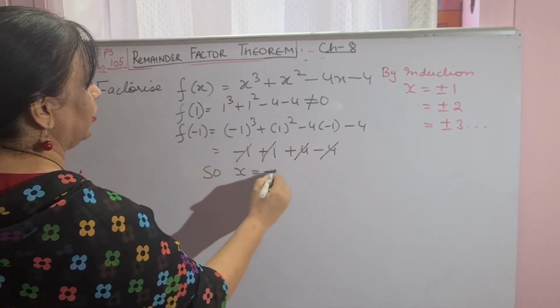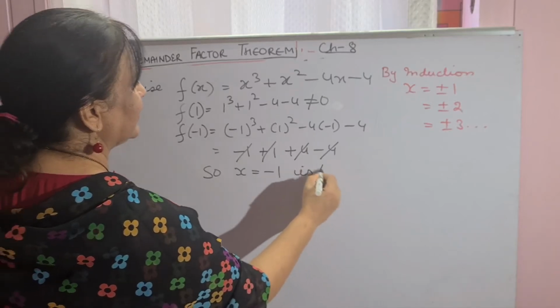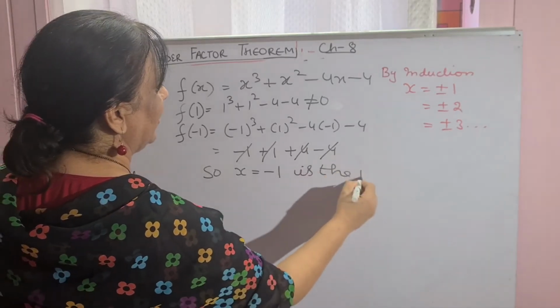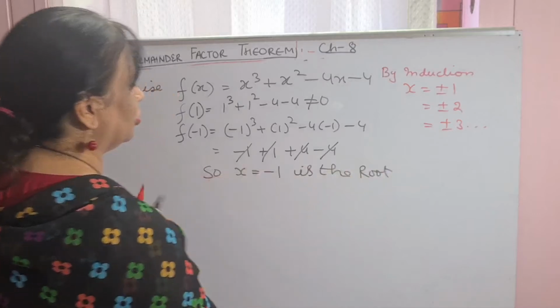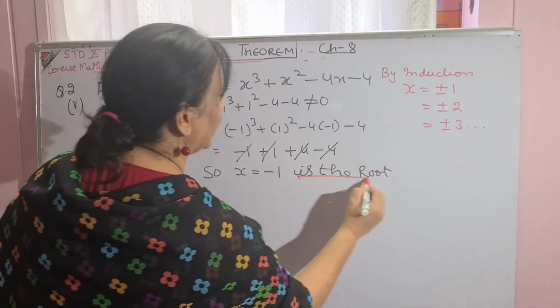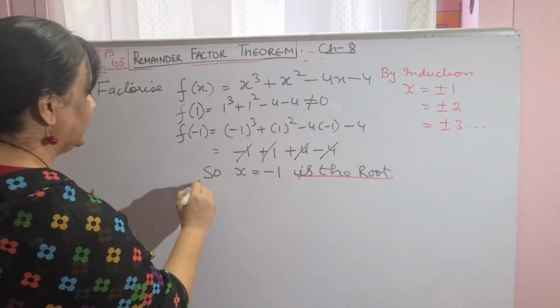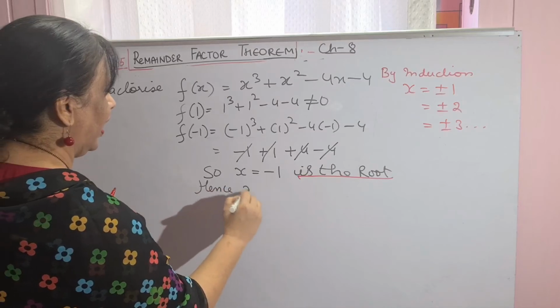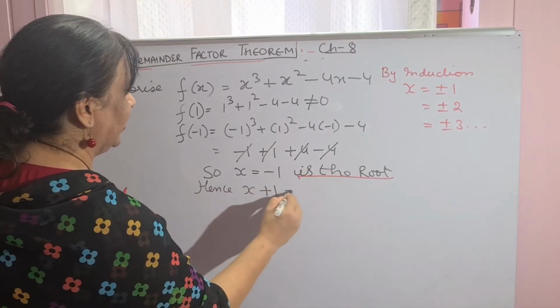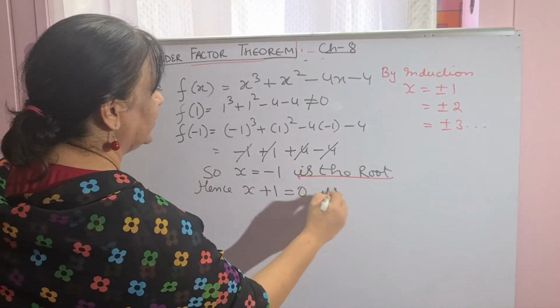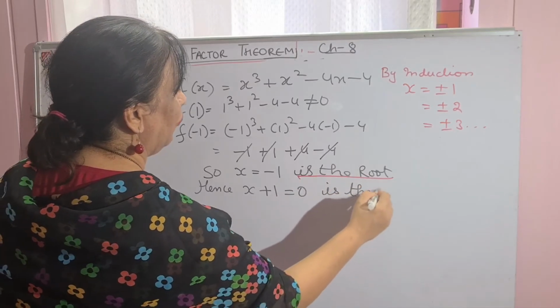So x equal to minus 1 is the root. Please understand it. It is the root. I am marking it with red pen. Hence, x plus 1 equal to 0 is the factor.